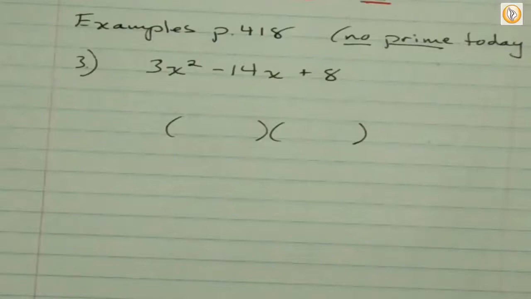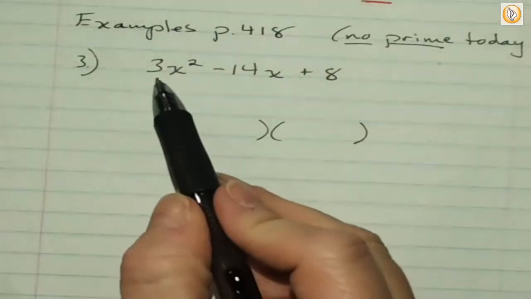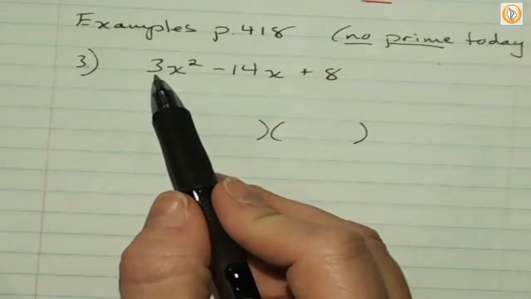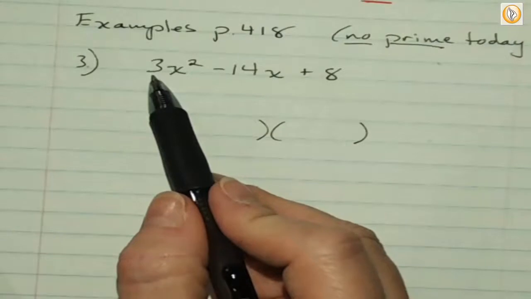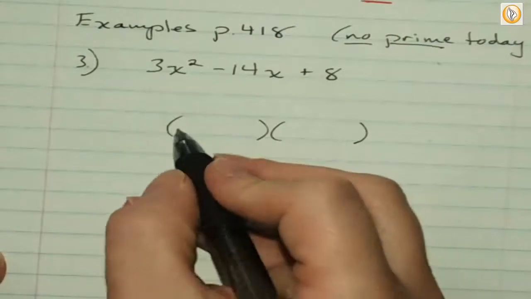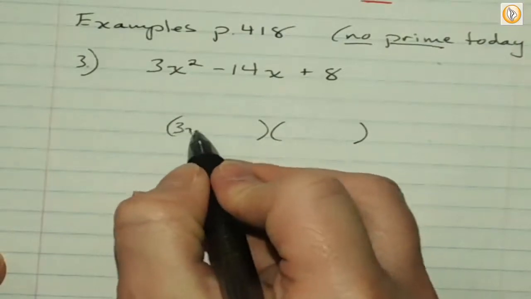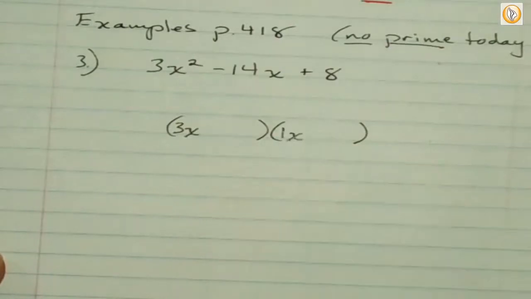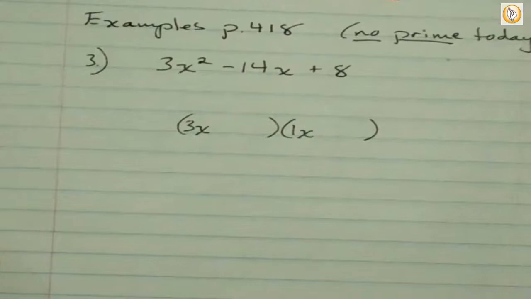Now, this one is pretty easy because we know that the only way to get 3 is by 1 times 3, correct? There is nothing else that we can do to get anything different. So in this case, we know 3x can go there and 1x can go here. Or you can just say x.